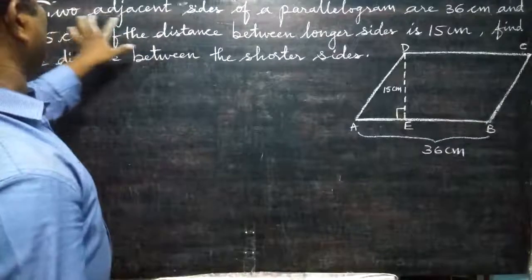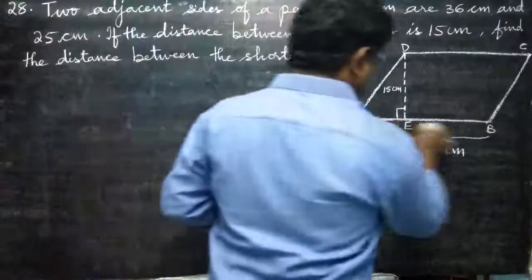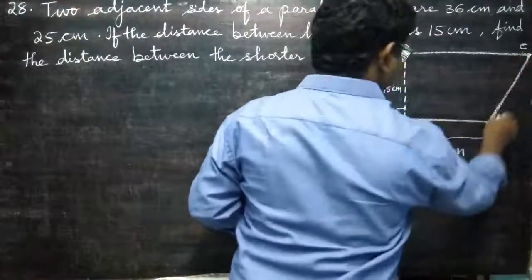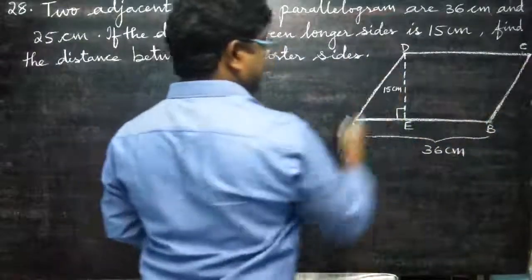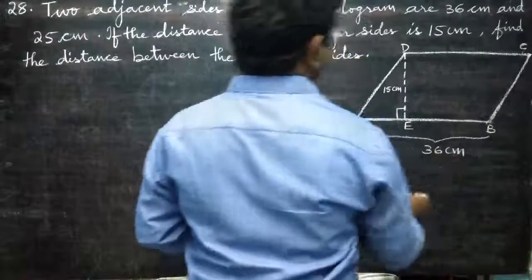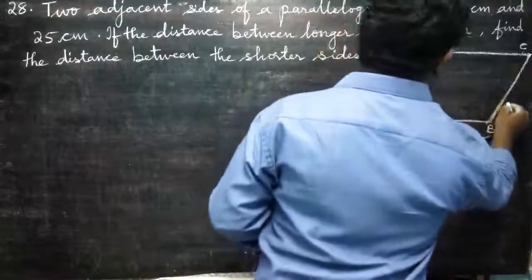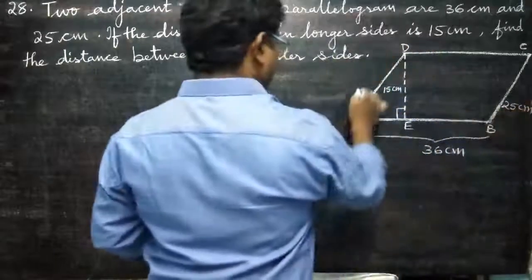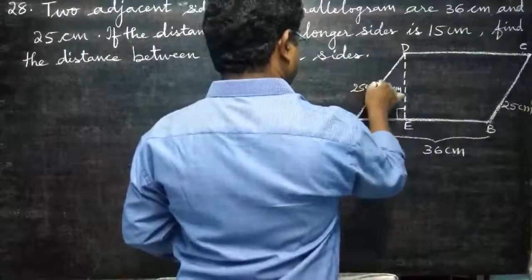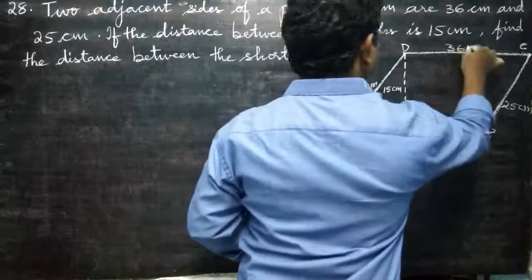They have given two adjacent sides. AB is adjacent to BC or AB is adjacent to AD. So 36 centimeters and this adjacent side is 25 centimeters. Automatically, this is also 25 centimeters and this is 36.